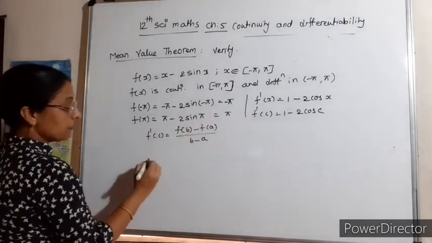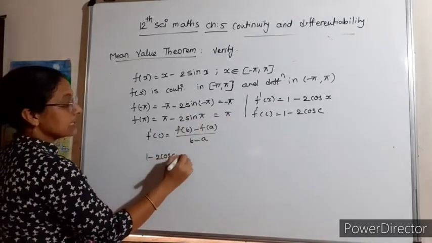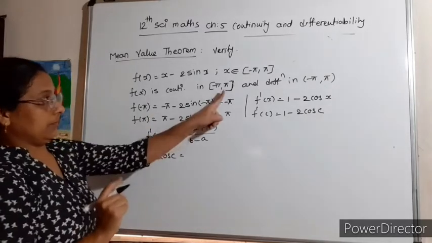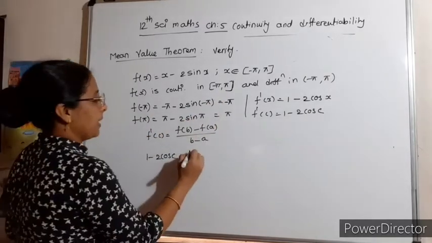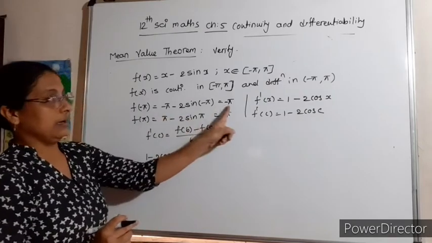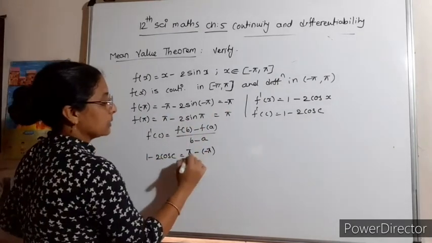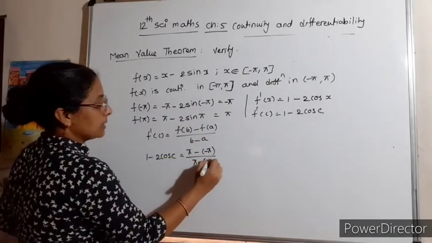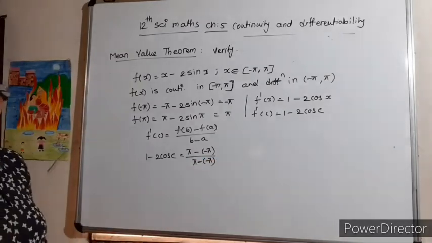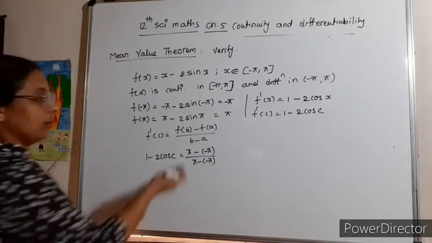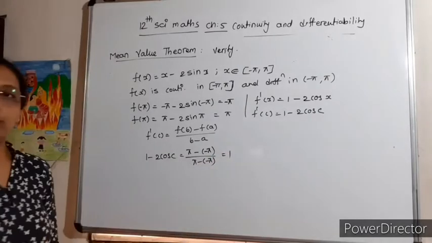Now f dash c is what? 1 minus 2 cos c. f of b is pi. f of a, that is minus pi, upon pi minus minus pi. Yes or no? Yes. So what is it? 2 pi upon 2 pi becomes 1.